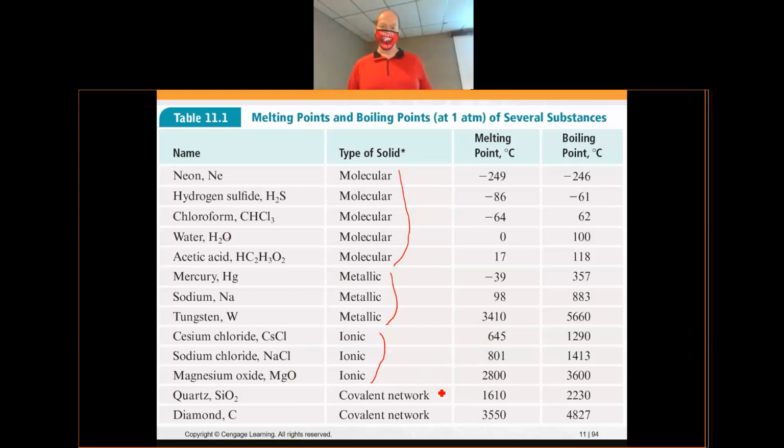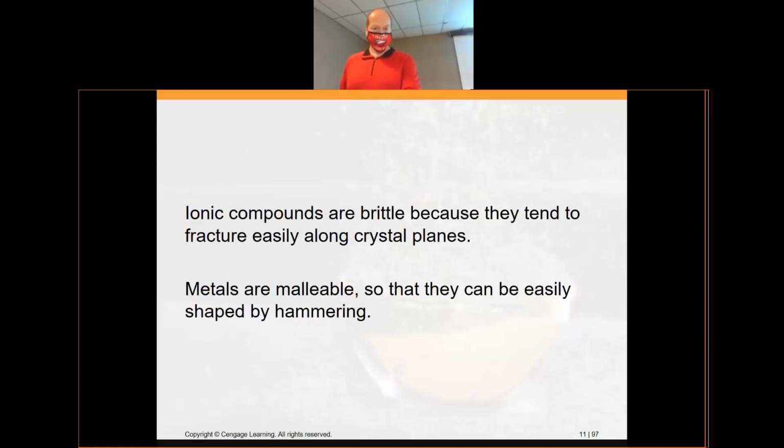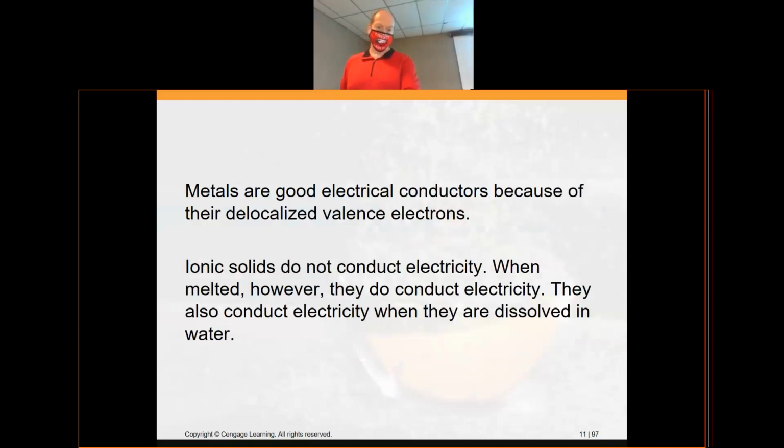All right, so this is just a chart of a few different types of your solids and how they vary in melting and boiling point. All right, and then metals, of course, this is from chapter 1 or 2.